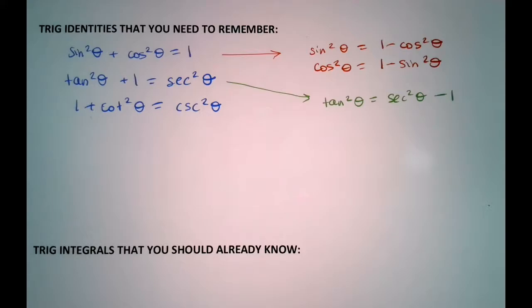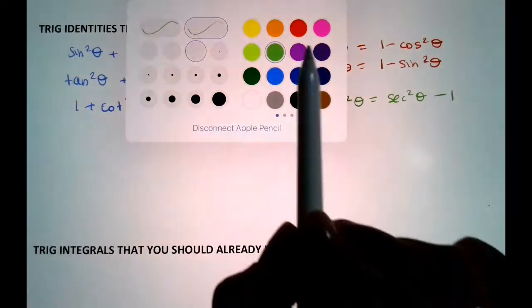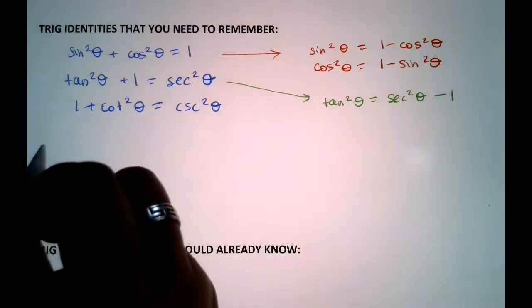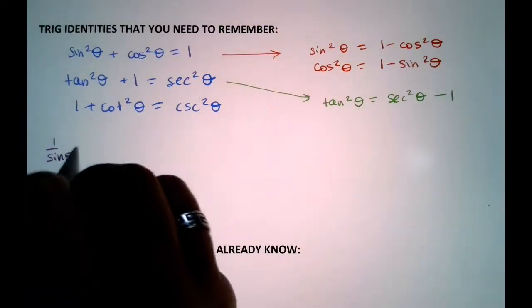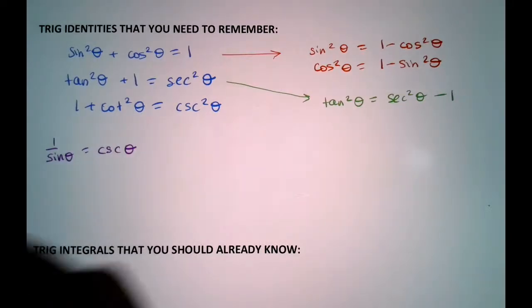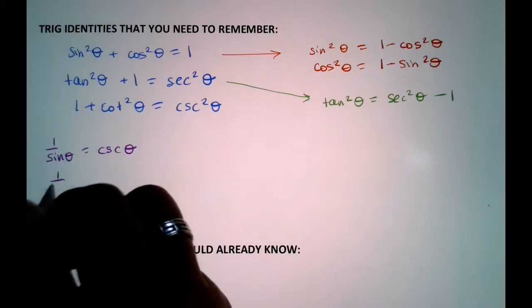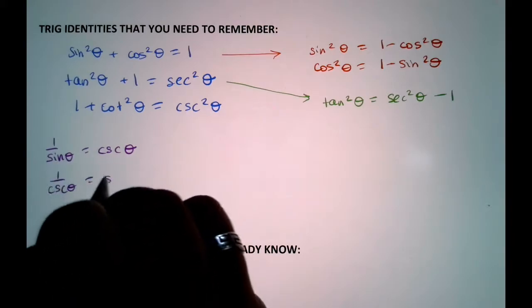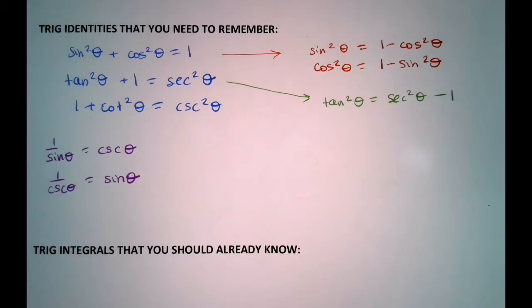So other identities that you should know off the top of your head without too much trouble are the reciprocal identities, which most people do know. You guys are pretty good, I think, at remembering those statements. That 1 over sine is cosecant. Of course, 1 over cosecant equals sine, and you can handle that in any way that you want to.